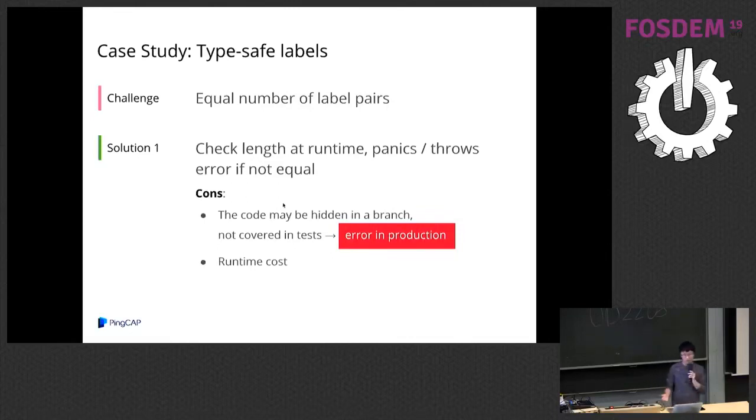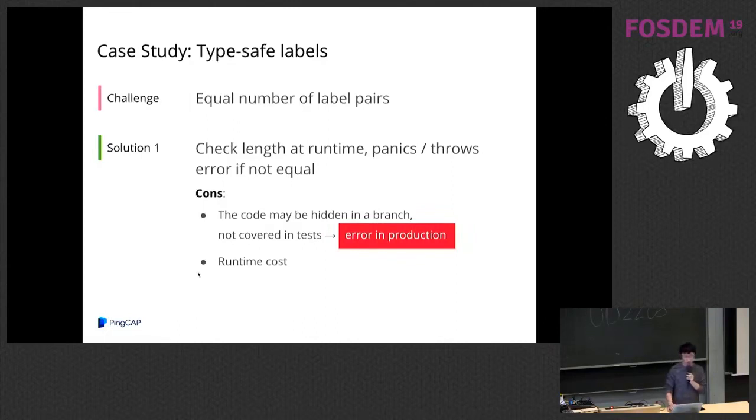But in production, all errors may happen. That means if your test does not cover it, this error will be in production. I can't tolerate that. And also there will be runtime costs, because you are checking the length at runtime.